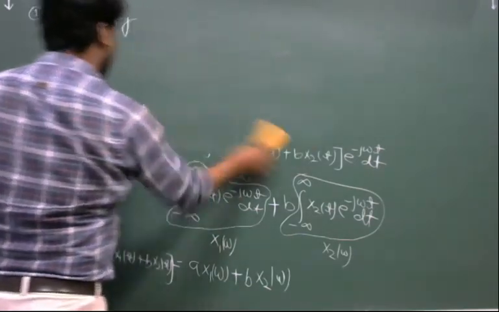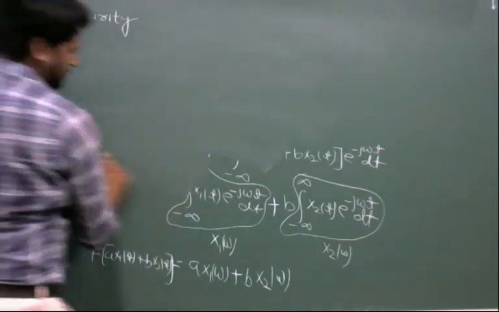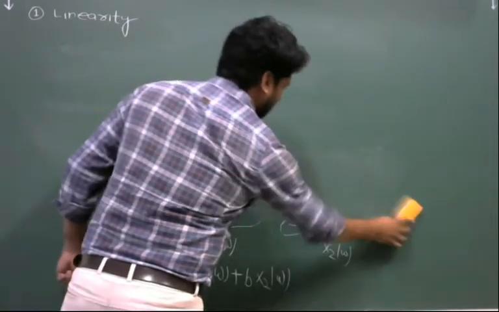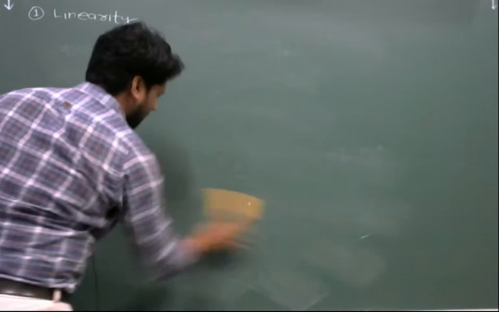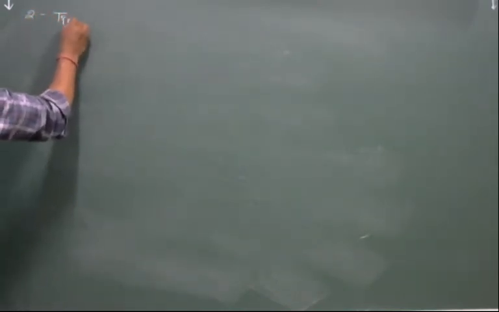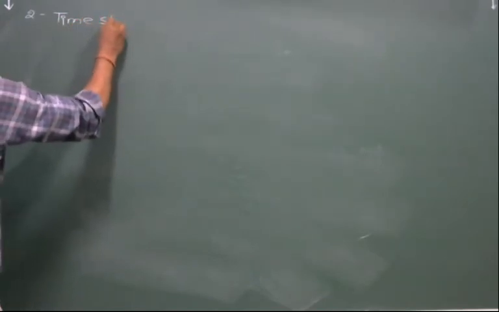Another very important property of this tool is shifting in time domain, or we can say time shifting property of Fourier transform.